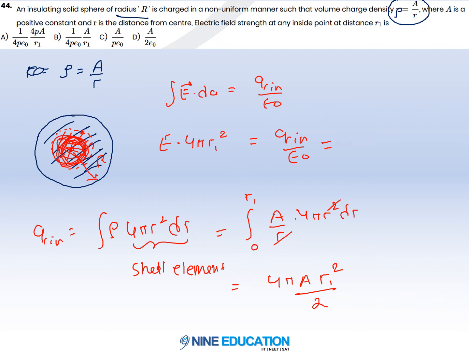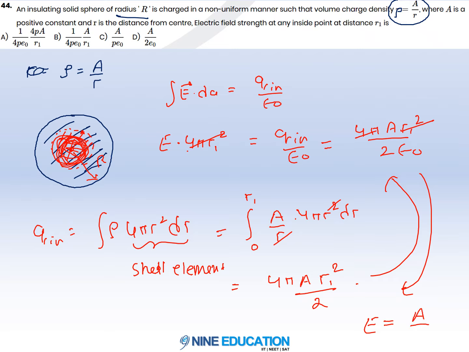Put this value in this equation: 4 pi A r1 square by 2. The 4 pi r1 square cancels out. From here we will get E equals A by 2 epsilon naught.